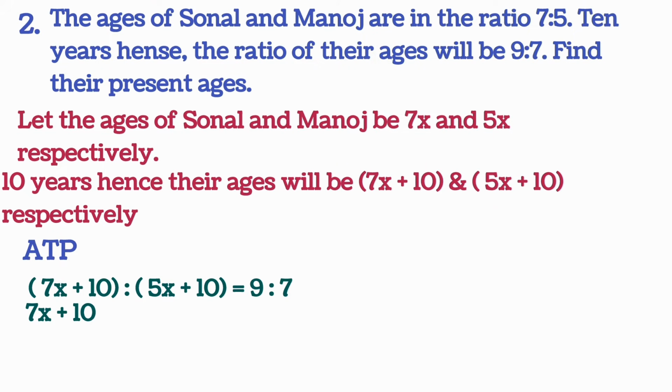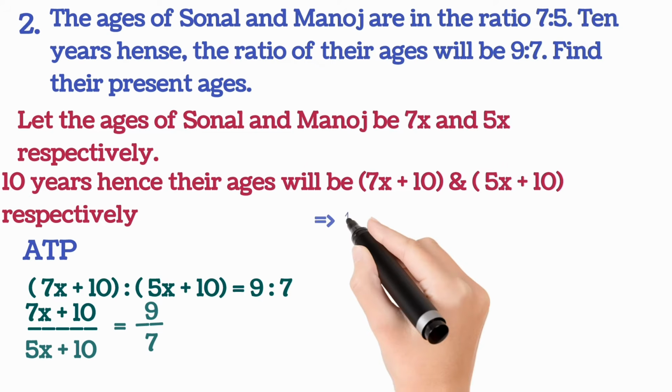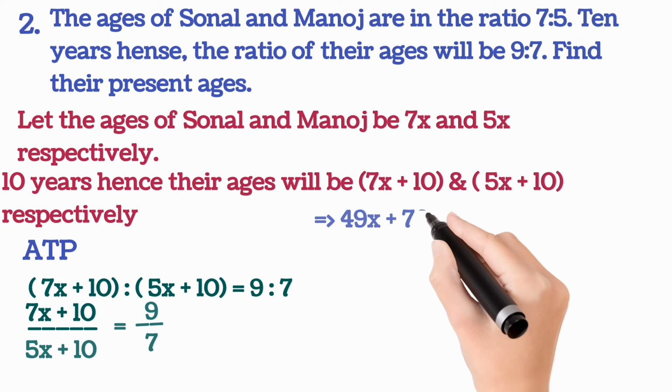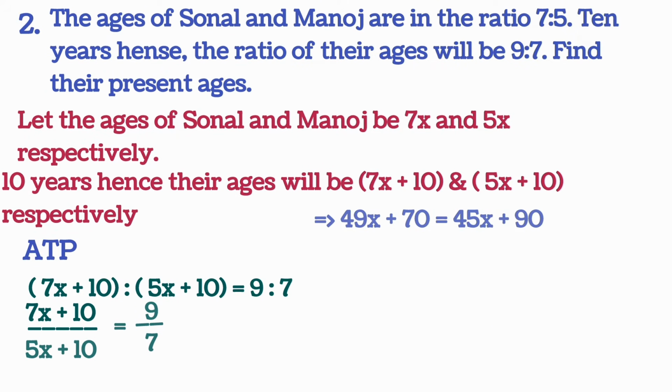Now change the ratio into fractional form: 7x plus 10 by 5x plus 10 equals 9 by 7. Now we will do cross multiplication. 7x plus 10 we multiply by 7, and 5x plus 10 we multiply by 9. So 7 sevens are 49x plus 7 tens are 70 equals 9 fives are 45x plus 9 tens are 90.